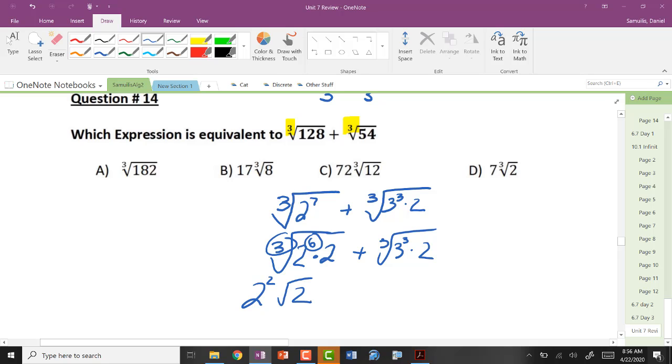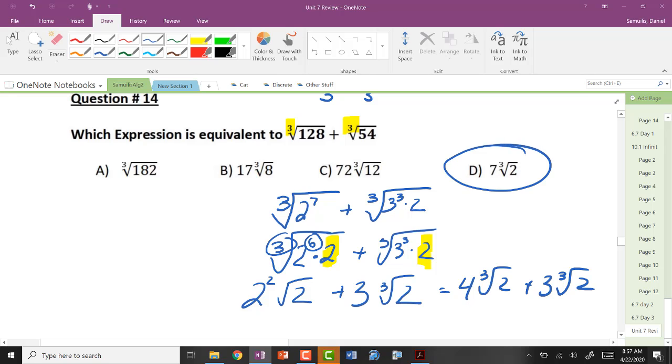Cube root 2, because this 2 stayed in. Okay, cube root of 3 cubed is just 3. This 2 will stay in. So I'm going to end up with plus 3 cube root of 2. So I have 4 cube root of 2 plus 3 cube root of 2 gives me 7 cube roots of 2. So I'm going to add the 4 and the 3.